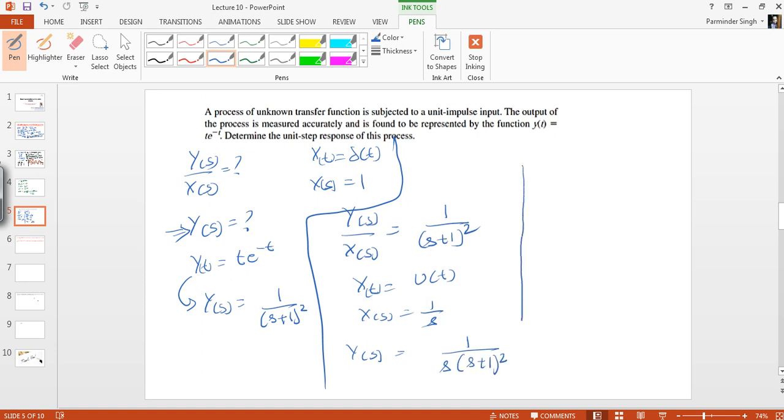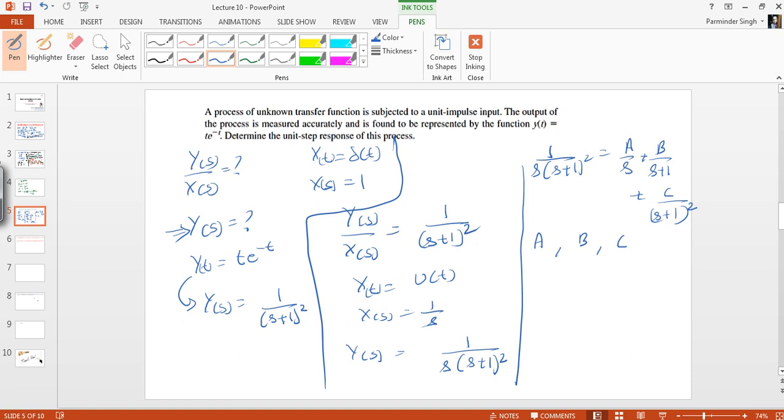Clear? Now we can do the partial fractions of this term, which can be written as A over s plus B over (s+1) plus C over (s+1) whole squared. By solving this, we can get the values of A, B and C.